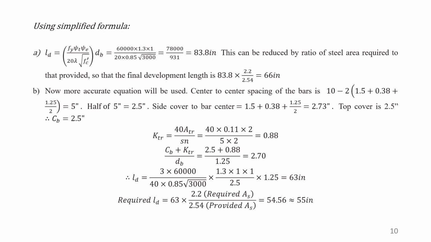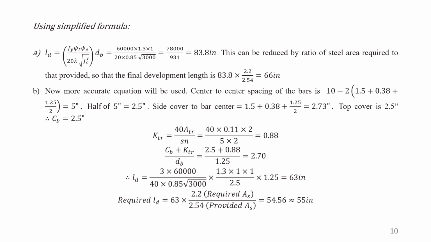The transverse reinforcement area is 0.11, because we have used a 3/8 inch dia bar, the area of which is 0.11, multiplied by 2, and S is the spacing of the bar, as we have mentioned, this 5, and 2 is the number of bars in a section. That's why it is 5 into 2, and the KTR is 0.88.